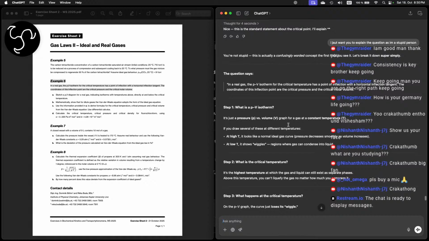Are pressure and volume directly proportional? No, they are inversely proportional. At high temperature, it looks like a normal ideal gas curve. Pressure decreases smoothly as volume decreases. Okay.